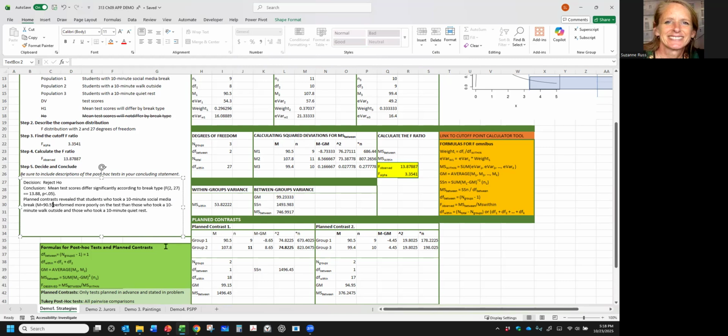So now we've told the audience what that mean was. We compare them with those who took a 10-minute walk outside. So let's tell what that mean was. And that walk outside was 107.8. And those who took a 10-minute quiet rest. And inside the parentheses, let's put their mean.